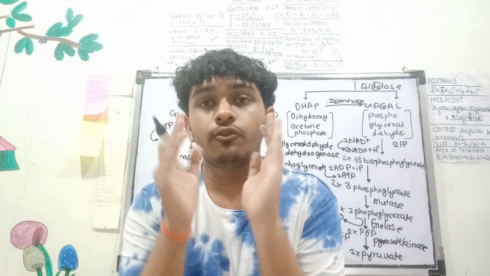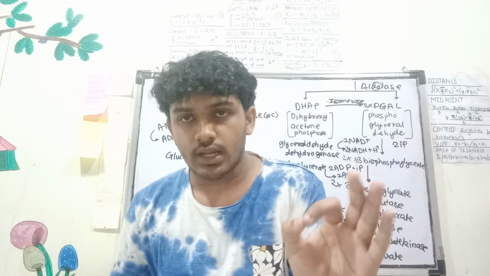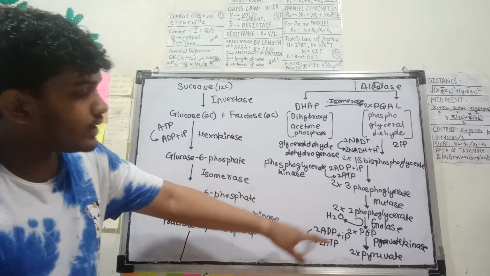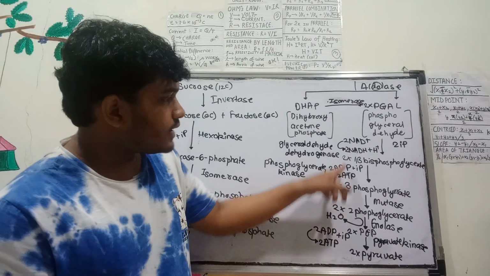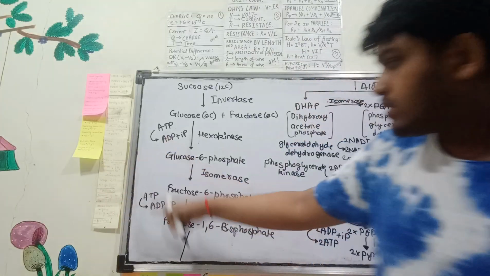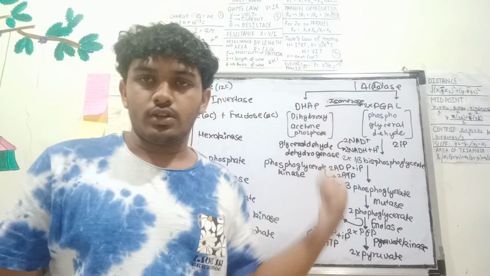Whenever ATP is formed, we call it substrate level phosphorylation. From substrate level phosphorylation we get 4 ATPs, 2 here and 2 here. But also 2 ATP are utilized here. So the net gain of ATP is 2 in glycolysis.